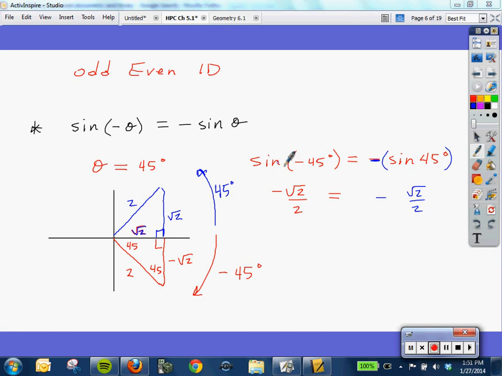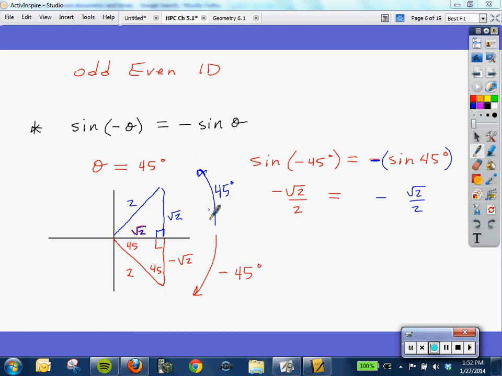So let's think about the sine of negative 45. Negative 45 brings us clockwise down here. And I make a 45, 45, 90 triangle. And this is hypotenuse of 2. If that's 2, then both sides are root 2. But this one here is negative root 2. And sine's definition is y over r. So we have a negative root 2 over 2.